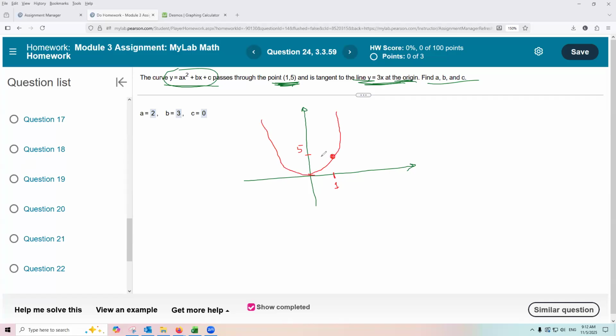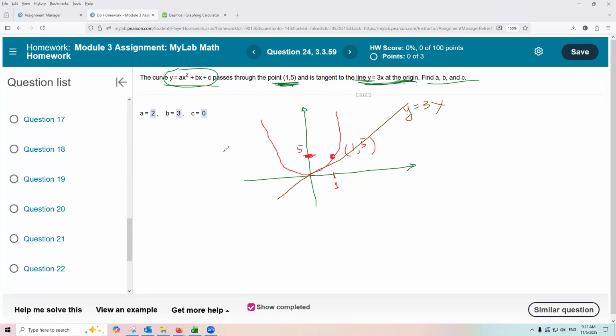So here's the point 1 comma 5. That falls on the graph. And the line y equals 3x is tangent at the origin. So there's a line that goes like this. That's y equals 3x.